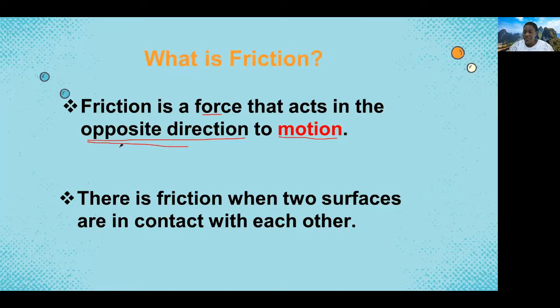So if someone asks you what friction is, you say friction is a force. The force that is acting when things move, and it always acts towards the opposite direction.